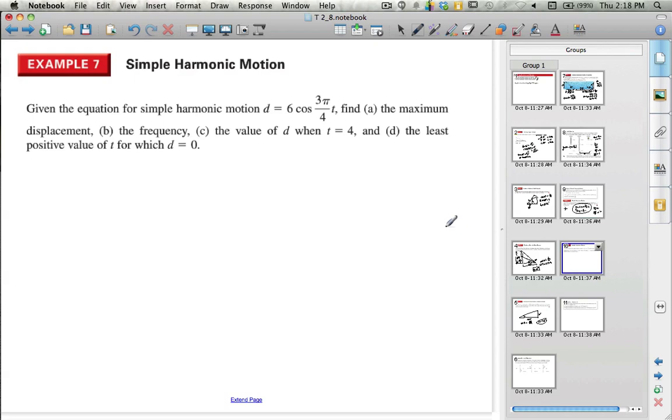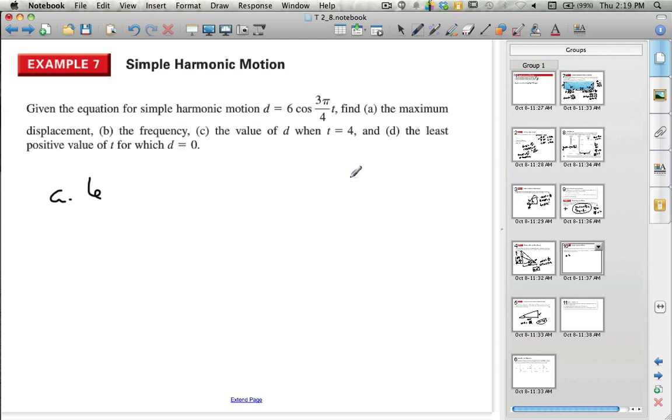Right, if we take a look at another problem like that, here they give me the equation. Find the maximum displacement. Well, maximum displacement is 6, the amplitude is 6. Find the frequency. Okay, well that's the inverse of the period.